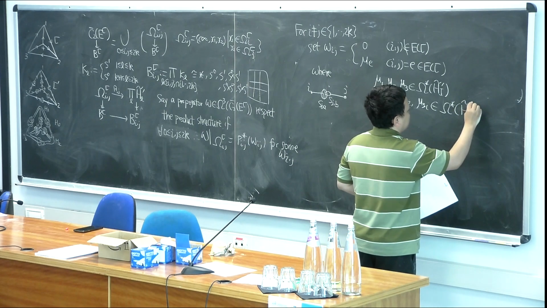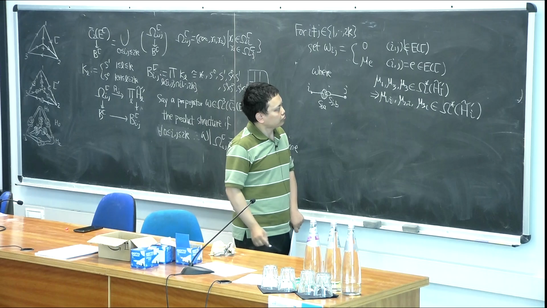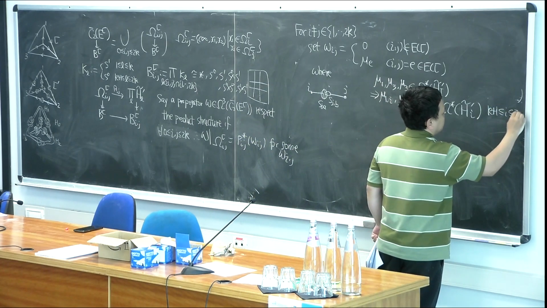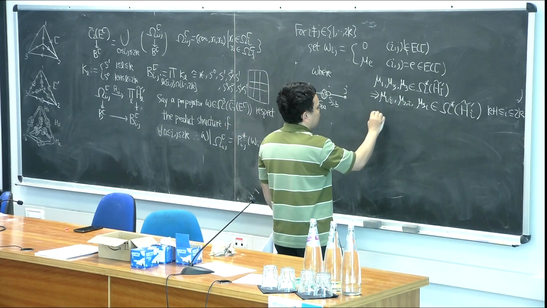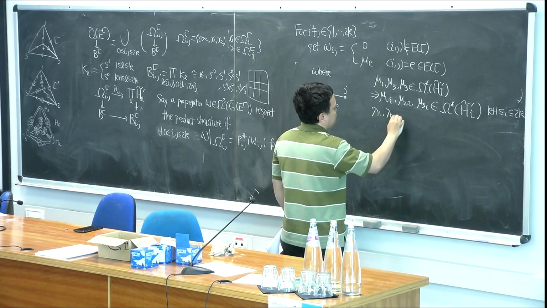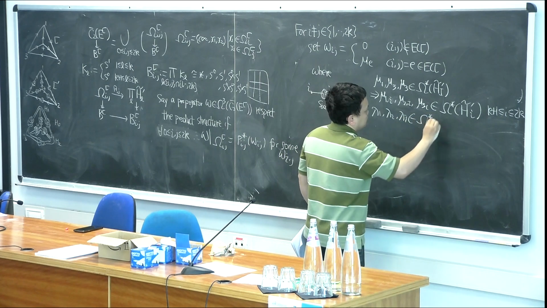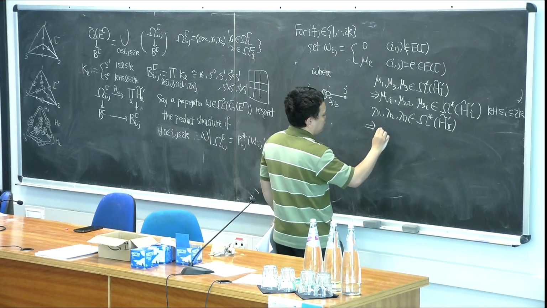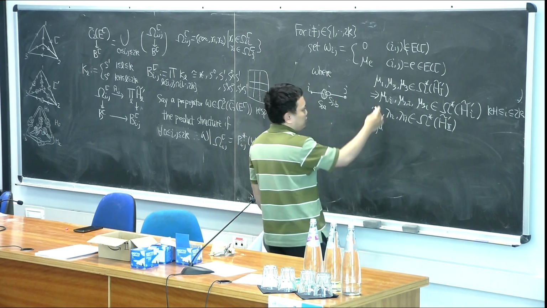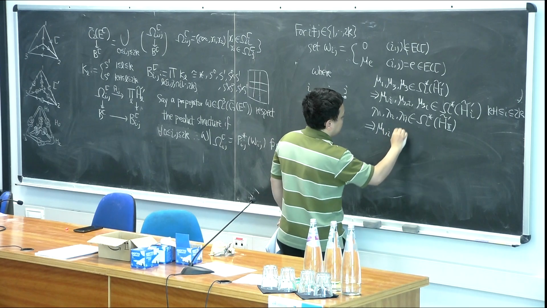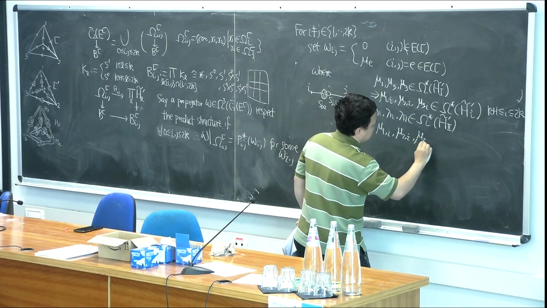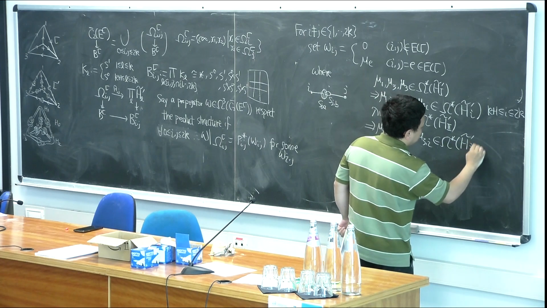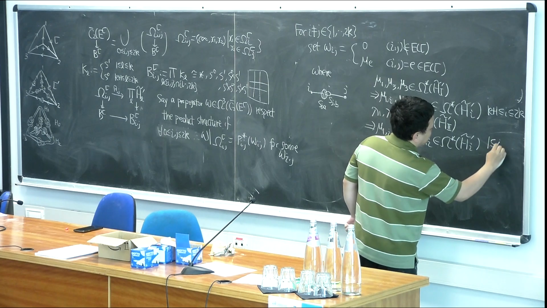For a type 1 vertex, we can also push forward lambda 1, lambda 2, lambda 3, and let me still use mu, when i is between 1 and k.